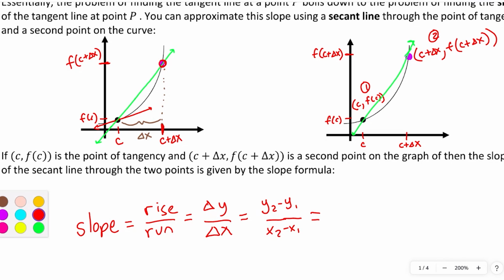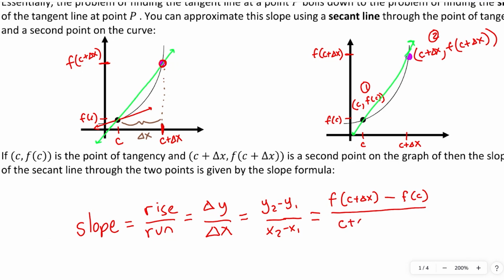So here, let's find the slope. y2 is going to be our f of c plus delta x, minus y1, which would be f of c, divided by x2, which would be c plus delta x, minus x1, which would be c.